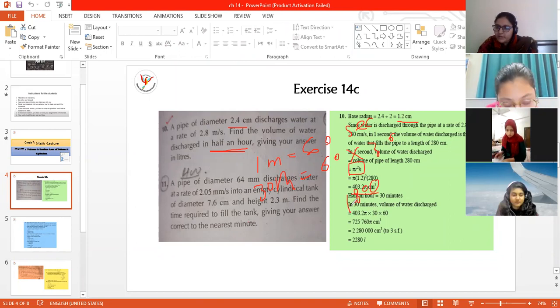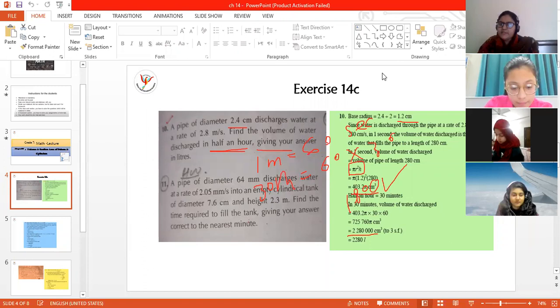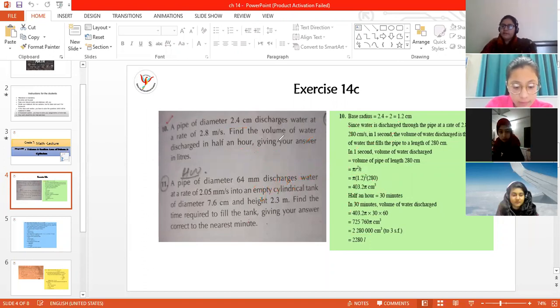Whatever the volume of the pipe, we multiply it by 1800. Now it says give your answer in liters. Whenever centimeter cube is shifted to liter, we simply divide by 1000. So dividing by 1000, the answer will be 2280 liters.